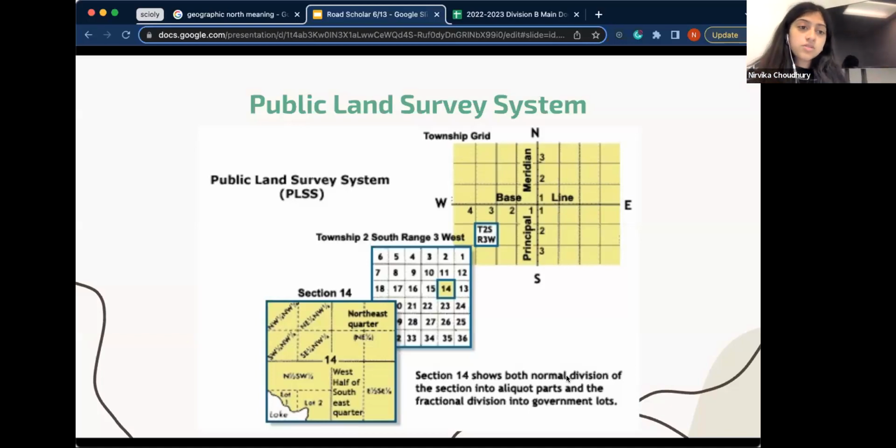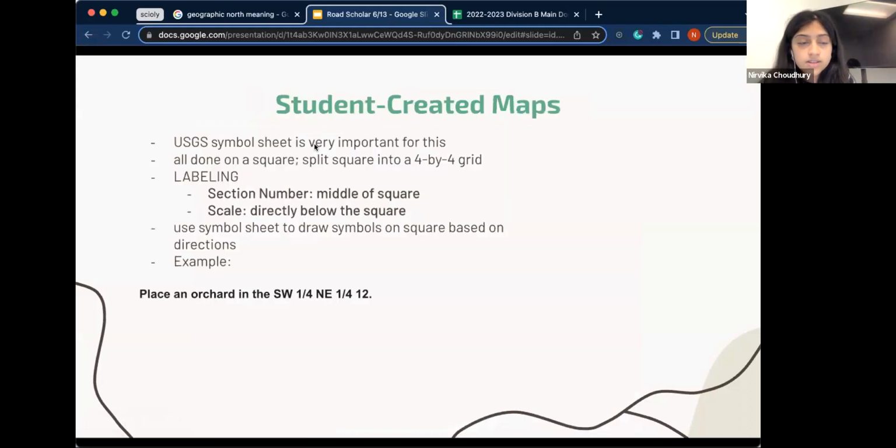You'll get the township number, township 2 south, range 3 west, and on the bottom left you can see a little square. It shows the northeast quarter, west half of the southeast quarter. This might not make sense right now, but when you go to the next slide, it'll make a lot more sense.